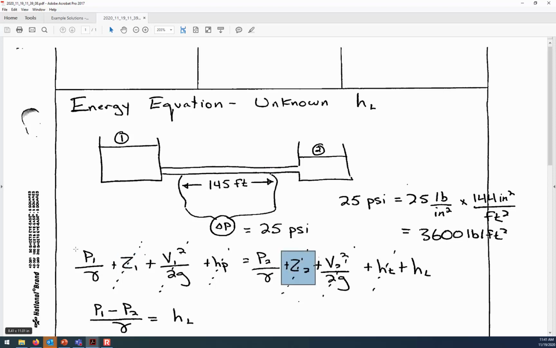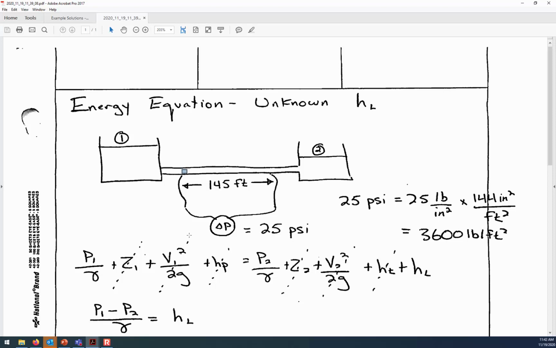Now we didn't cancel out the pressure head terms like we did in the previous example, because in the previous example we were saying location 1 was at the surface of the water where it's in contact with the air, and atmospheric pressure relative to itself is 0. Now here location 1 is inside of this pressurized pipe, and so we don't know what the pressure is directly, but we can rearrange the energy equation to have P1 minus P2.